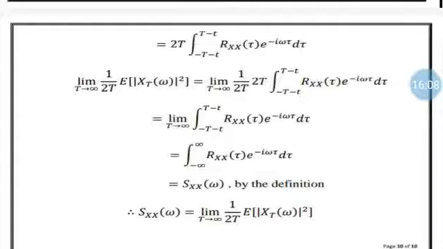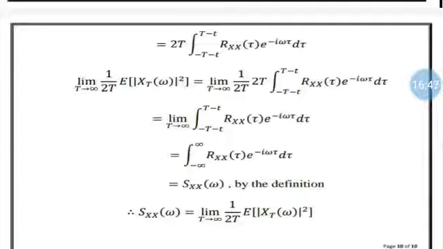The limit T tends to infinity of 1 by 2T into the expected value of the modulus of X_T(omega) the whole square equals the limit T tends to infinity of 1 by 2T into 2T times the integral of Rxx(tau) into e power minus j omega tau d tau, which is equal to, with 2T cancelled, the limit T tends to infinity of the integral of Rxx(tau) into e power minus j omega tau d tau.